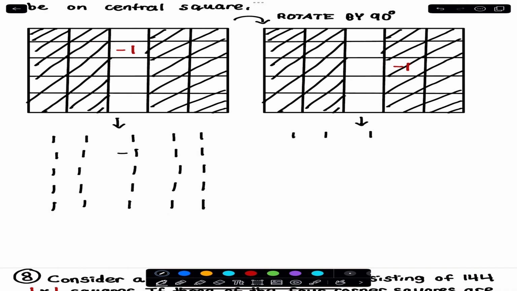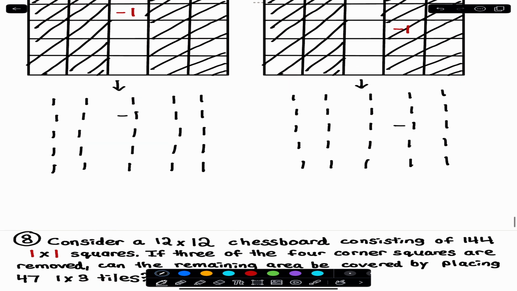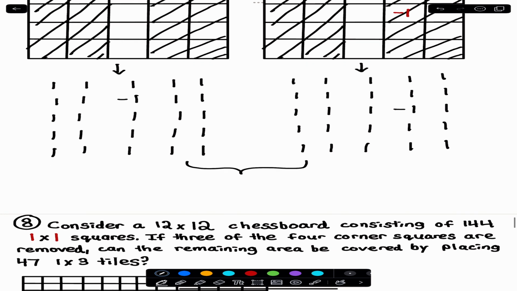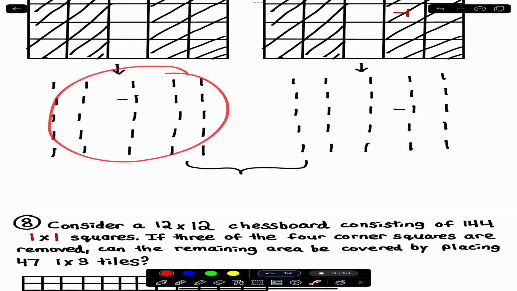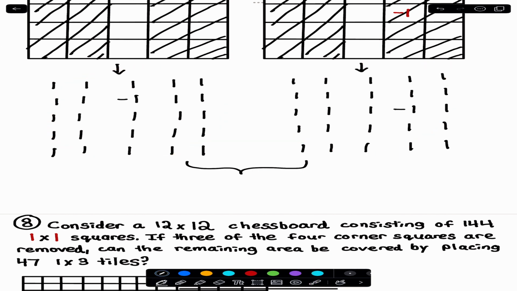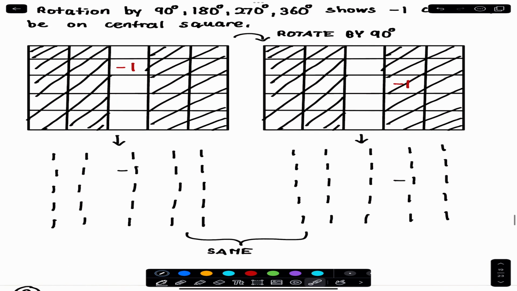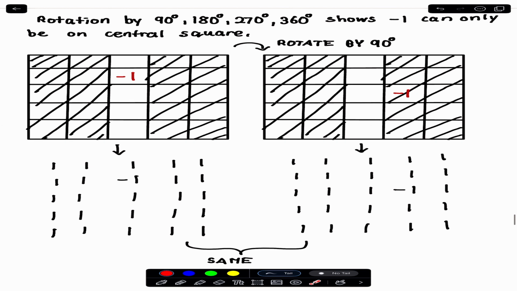So let's write it out. Basically what I'm trying to say is now if we compare these two coloring schemes, the one on the left and the one on the right, these are considered to be the same. They're considered to be equivalent, which means -1 starting over here would end up on a black square when we rotate it 90 degrees.